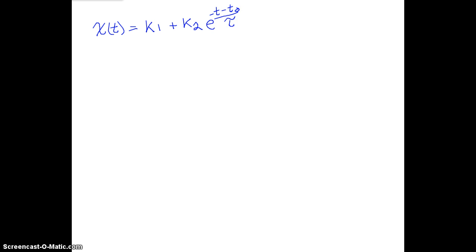So now we're just going to flip back to the other page and find our K1 and our tau, and then we are going to solve for K2.